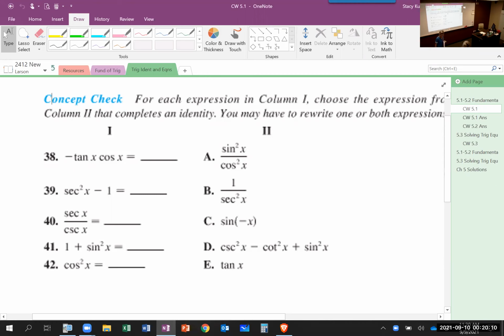Oh, yeah. 32 is E. That's what I'm saying. I just never thought about it. It's a little tricky. It might take two steps, like I said, to get there on some of them. You are correct.